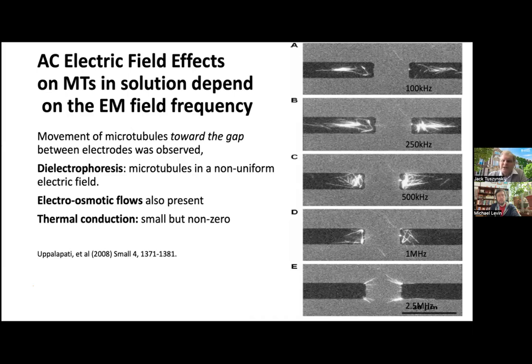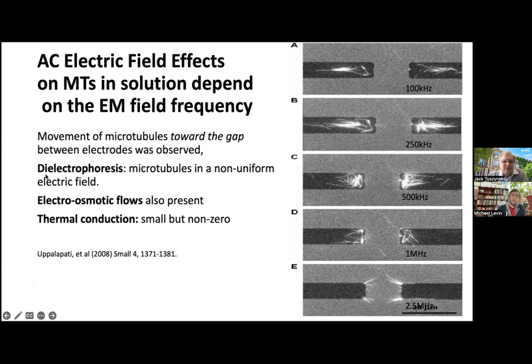So back to my first few minutes of comments. The intensity of the electric field or electromagnetic field is the first parameter that affects the results. The second is the frequency of the electromagnetic field. The third one is orientation with respect to the microtubules and the cell plane in which the cells are formed, or not formed, but present.